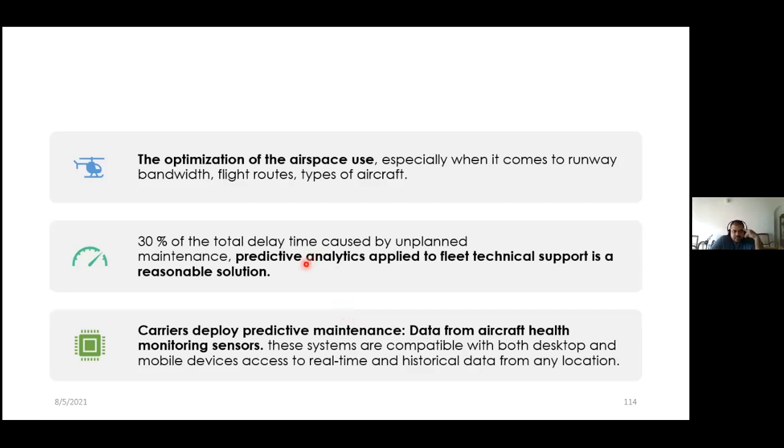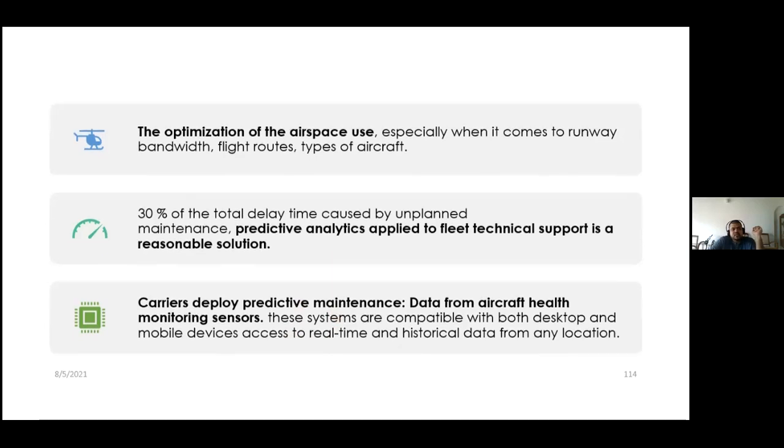Then again, predictive analytics to determine technical issues way before the aircraft even comes to the hangar. We will know that this issue is there, and this is what we need to do. Then predictive maintenance again, aircraft health.